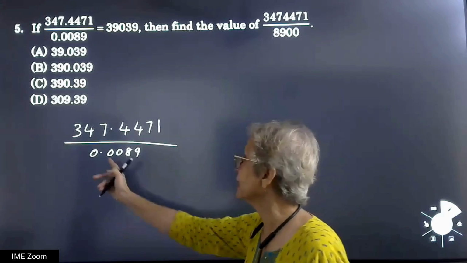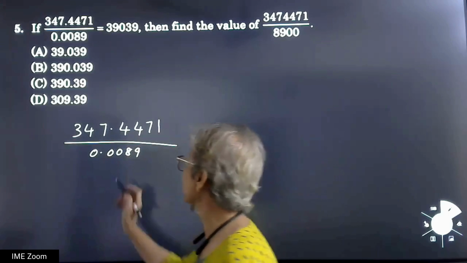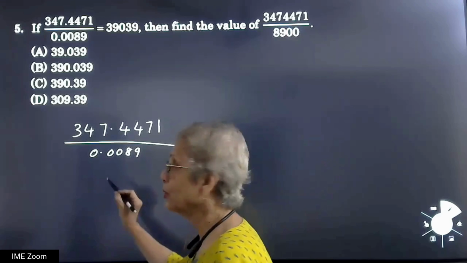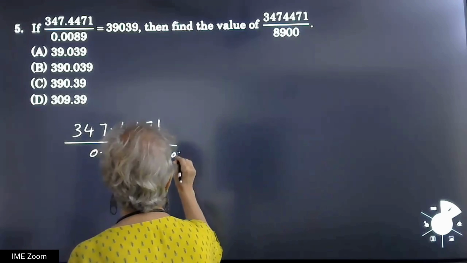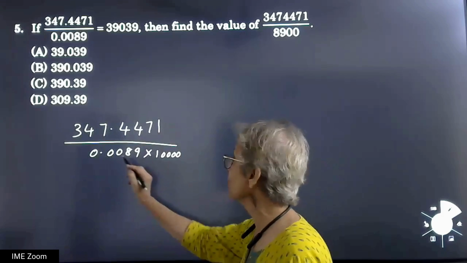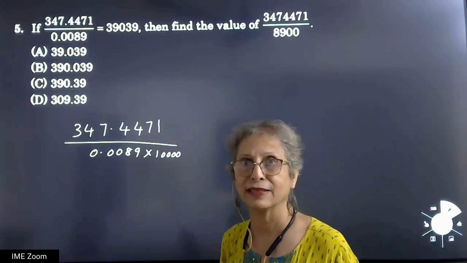A decimal fraction. So let us first remove the decimal point. So it becomes easy. Now, how many digits are there? 1, 2, 3, 4. So if I multiply this by 1, 2, 3, 4, 4 digits, 4 zeros. So the decimal point will get shifted up to here and then we will have 89.